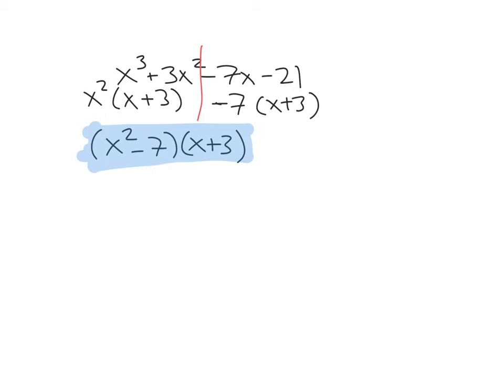Now we're going to move away from the AC method and grouping, and we're now going to talk about a method called the sum of 2 cubes. Now, the first thing you have to understand about the sum of 2 cubes is the formula.